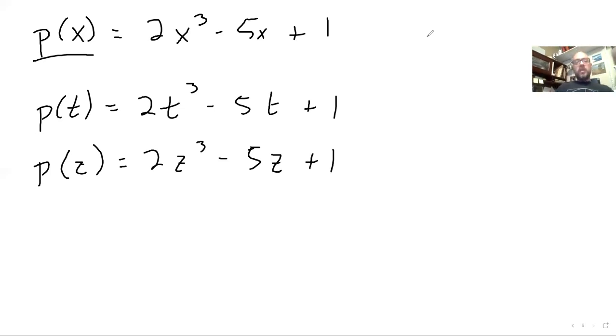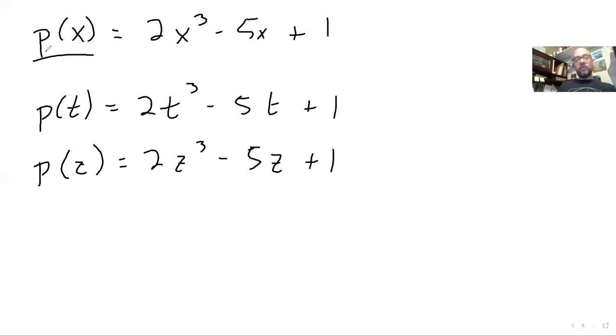So the idea here is that this structure of polynomial is called p, and then whatever you put in here is your variable. And that works even if the thing in the parentheses is a number.